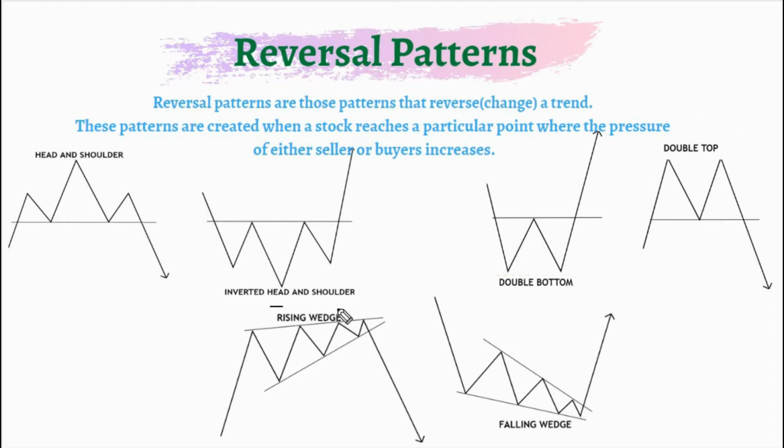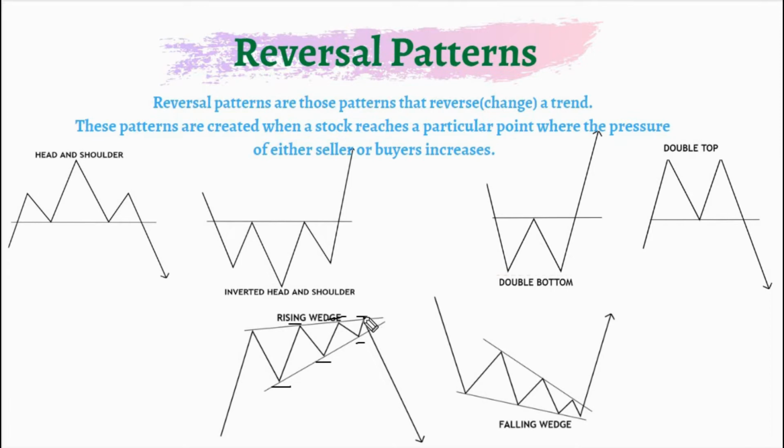Next is the rising wedge pattern. So what is a rising wedge pattern? See, a rising wedge pattern is a kind of complex reversal pattern. Why? Because in a rising wedge pattern, prices are continuously making higher highs and higher lows.